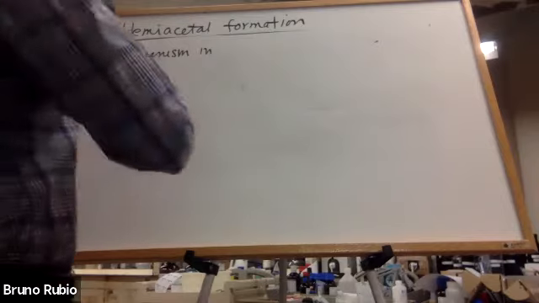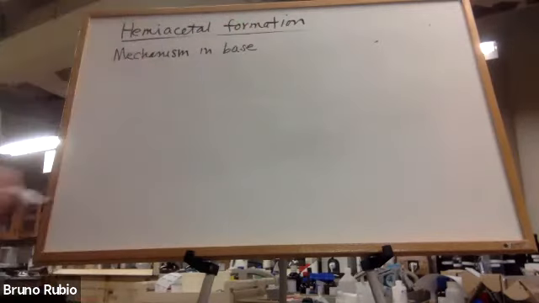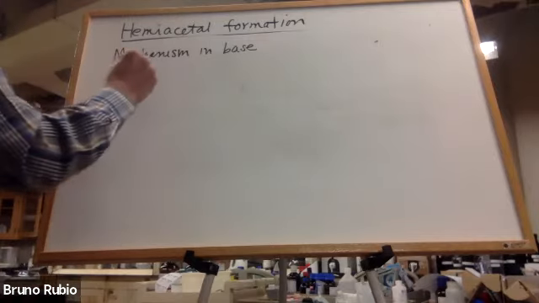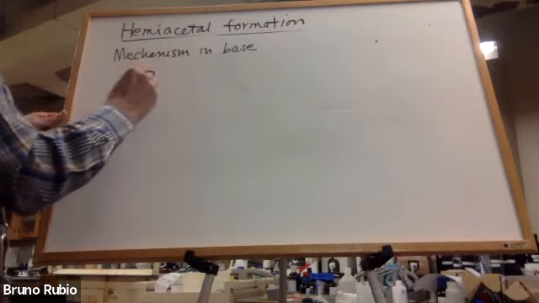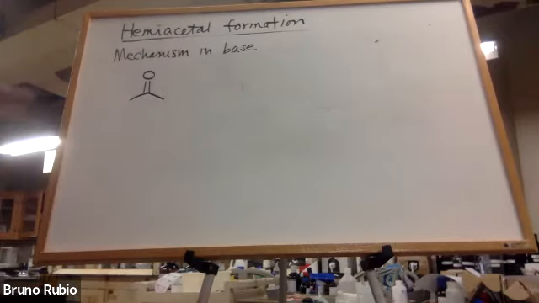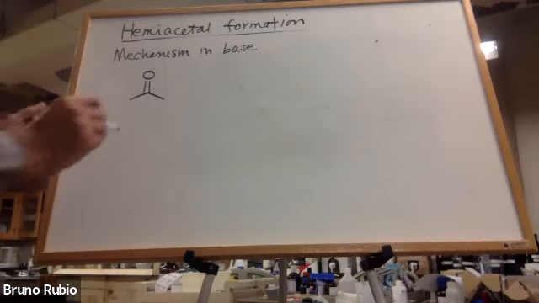And once again, this is exactly the same as the hydrate mechanism, except that we're using ROH instead of HOH. There's our aldehyde or ketone. It's basic solution, we don't have any protons around, so H plus is not involved anywhere here.